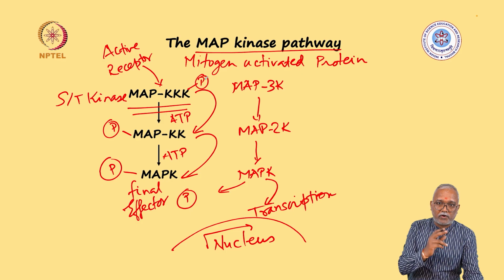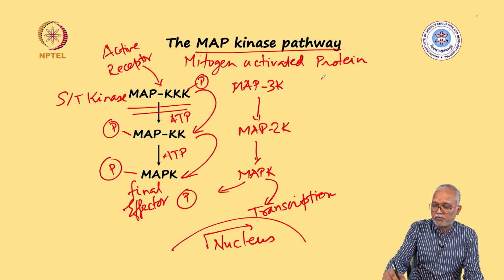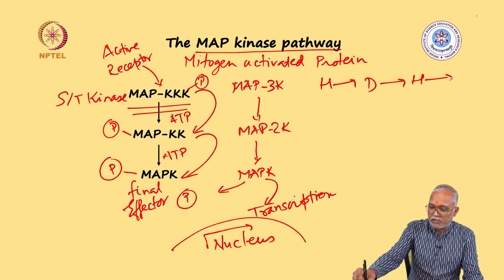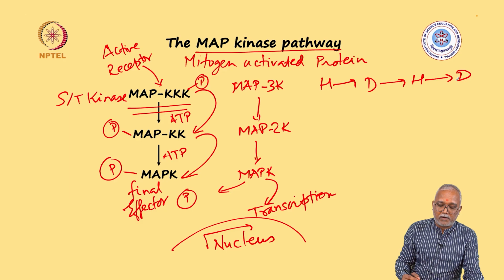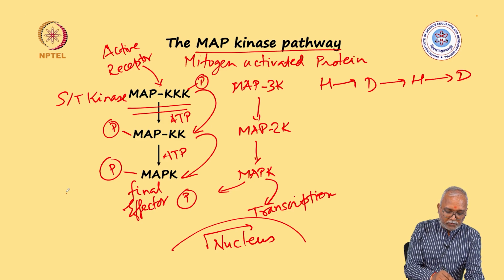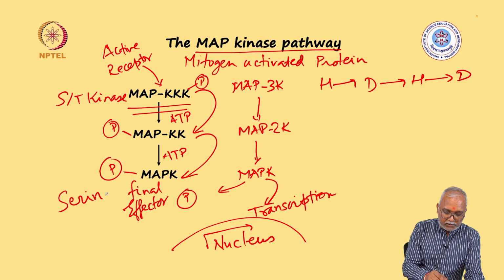Also, in the phosphorelay we saw in the two-component system, the phosphate moved from histidine to aspartate, aspartate to histidine, and then finally to aspartate. But here each phosphate attaches to a serine or threonine amino acid.